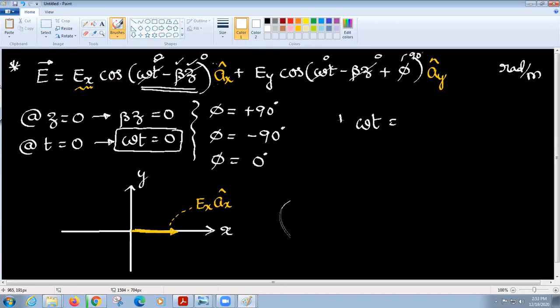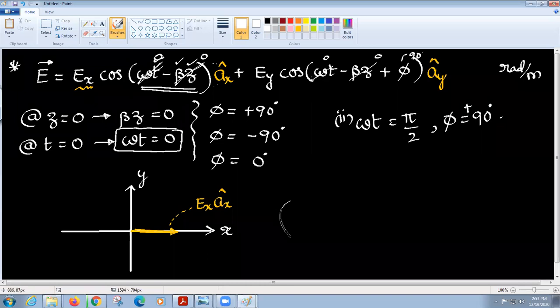This is case 2, omega t equal to pi by 2, and of course fix phi equal to positive 90 degrees. So omega t equal to pi by 2 radians, z equal to 0. The cos pi by 2 for x is gone.